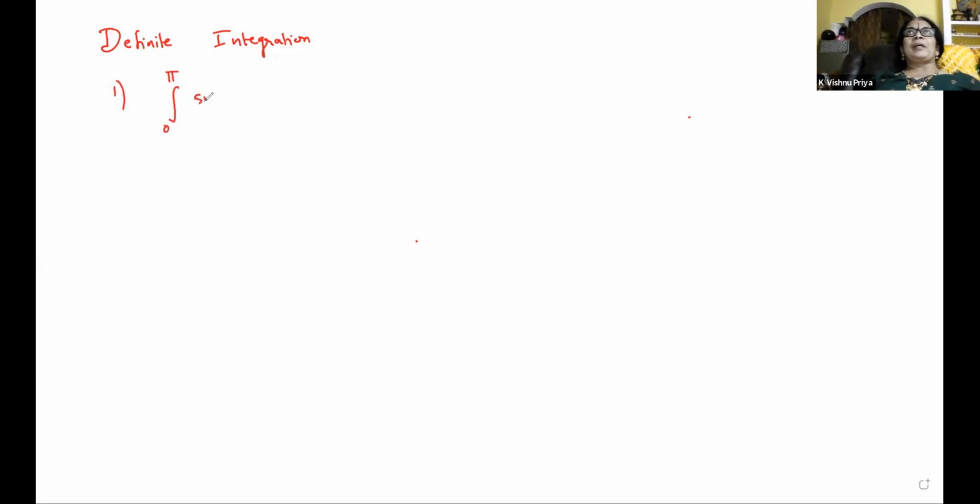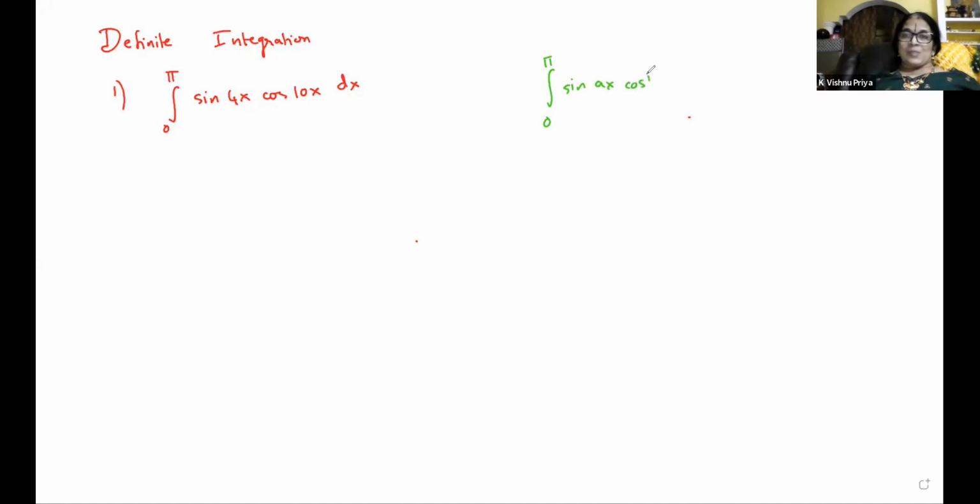Integral 0 to pi sine 4x cos 10x dx. Whenever you see this type of problem, what I mean is, suppose you have integral 0 to pi sine ax cosine bx dx, where A can be any number, B can be any number.